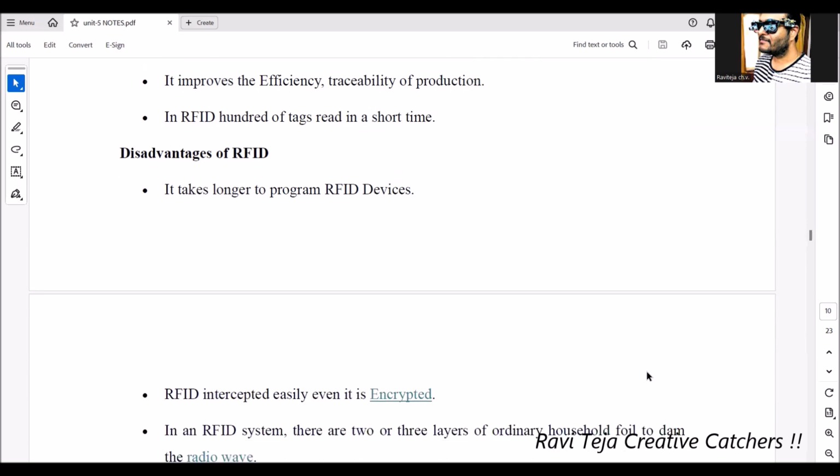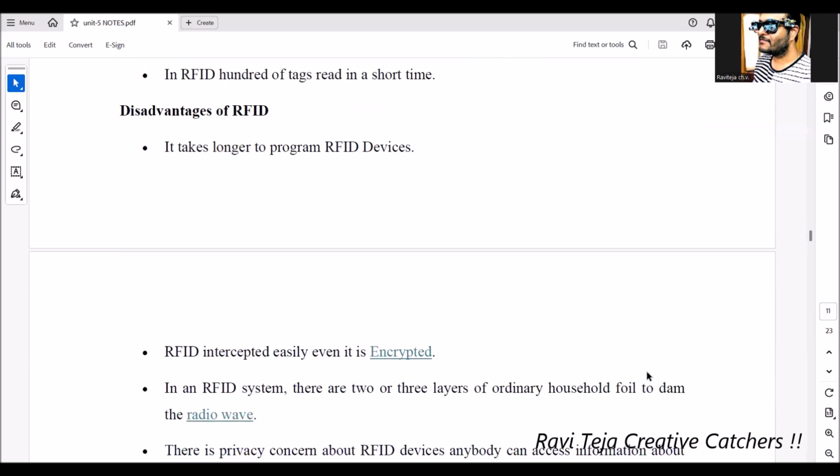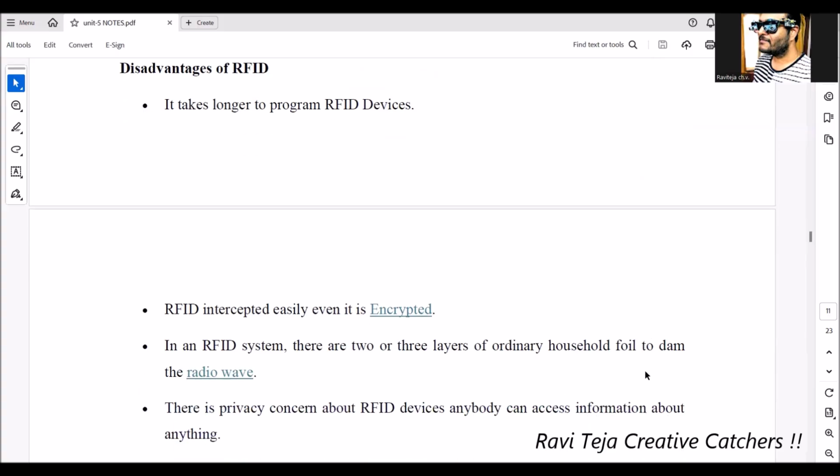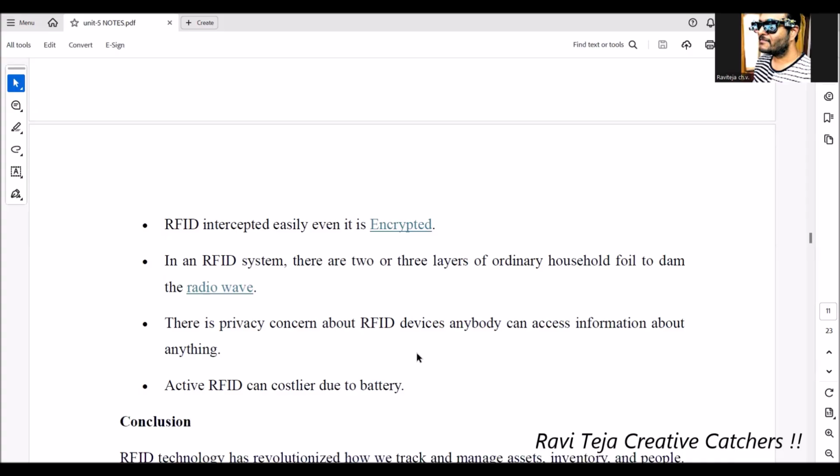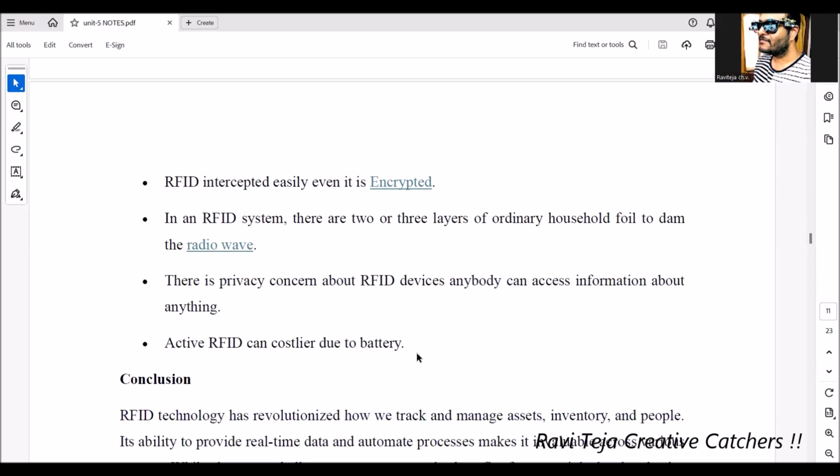Okay, it can be intercepted easily, and there are 2 or 3 layers of ordinary household foil, something like that, so there are parallel disadvantages to that. Anybody can access this data with minimal tinkering of the circuit board or something like that. And coming to active RFID, compared to passive RFID technology, it is much costlier.